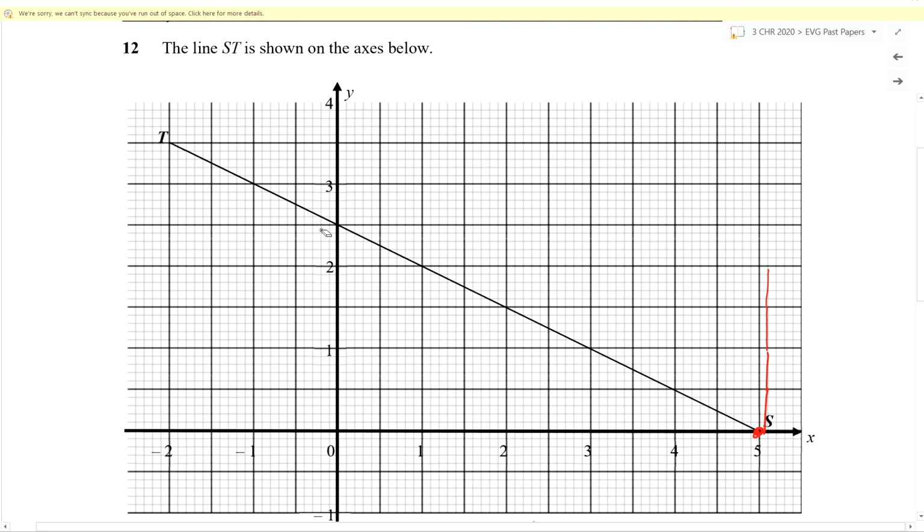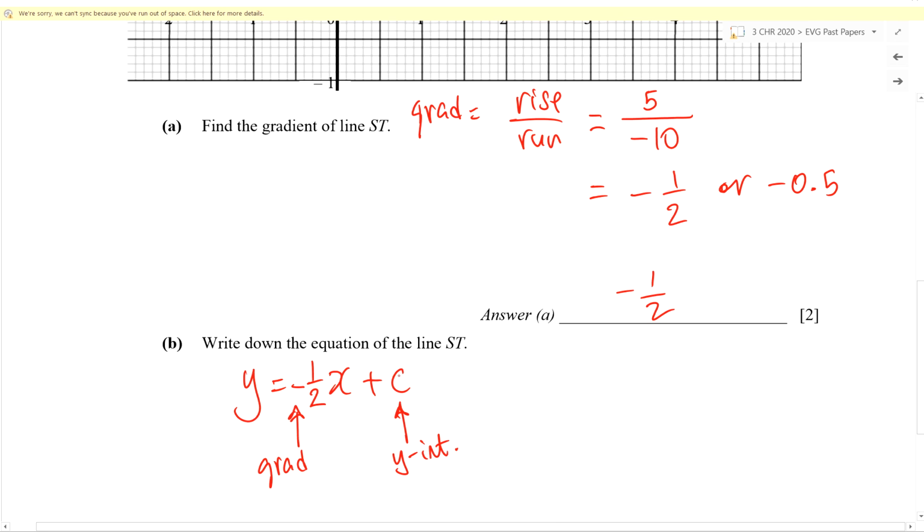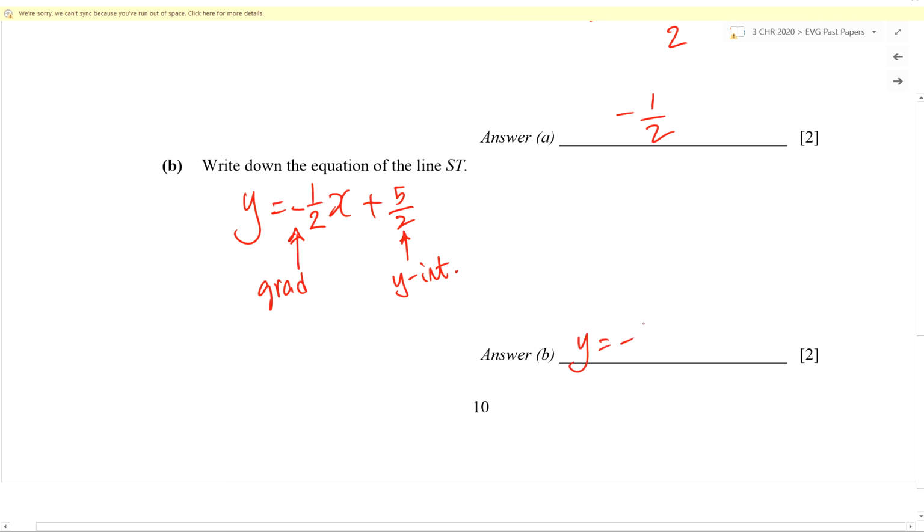Where does it cut the y-axis? It cuts over here, between 2 and 3, so 2.5. So the y-intercept is 2.5, which is the same as 5 over 2. Since I'm using fractions, I'll keep it as a fraction. Or you can write y equals negative 0.5x plus 2.5.